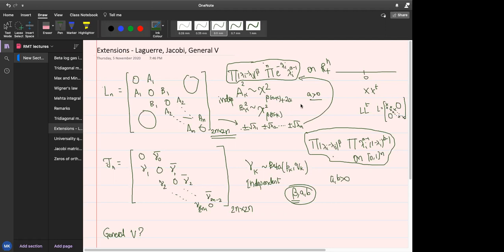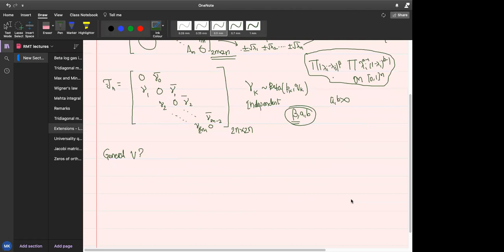But it can be brought to this form by enlarging the matrix. This is a trick which is actually useful. If you see the matrix XX transpose, its eigenvalues are lambda 1 up to lambda n, positive numbers. Then you can consider the matrix 0, X, X transpose, and 0. This is a 2n by 2n matrix.